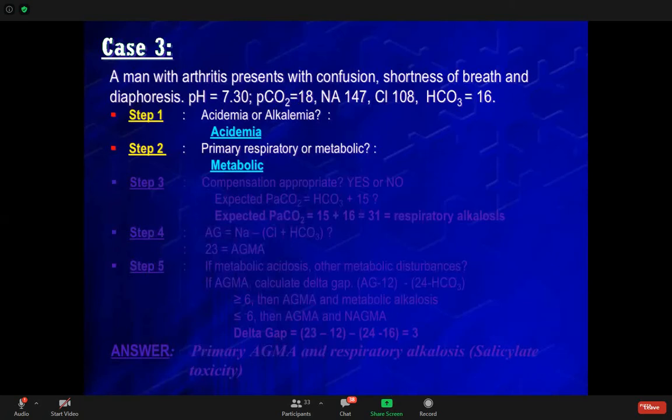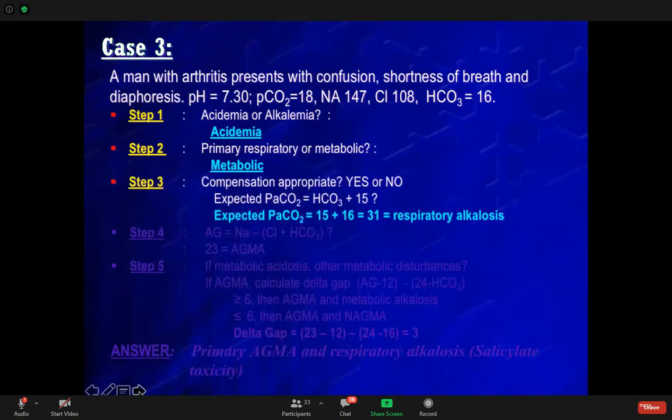Okay but you're breathing faster ف your CO2 is less than the expected number. معناها ان عندك another disorder، عندك another problem which is respiratory alkalosis. لأن الرقم اللي المفروض حسبناه للcompensation هو 31 صح ولا لا؟ صح.